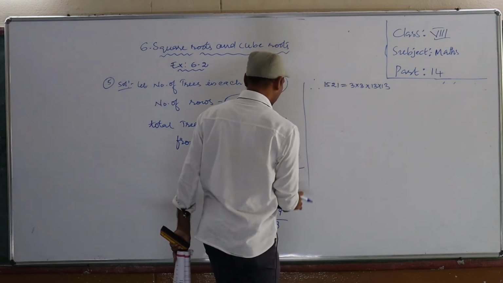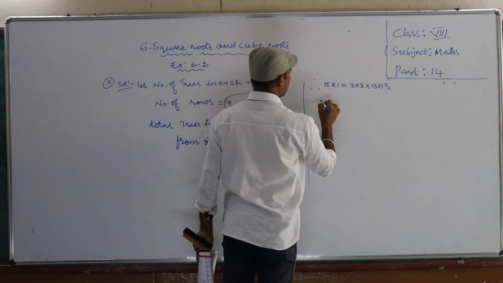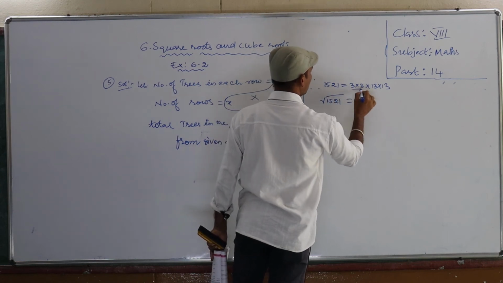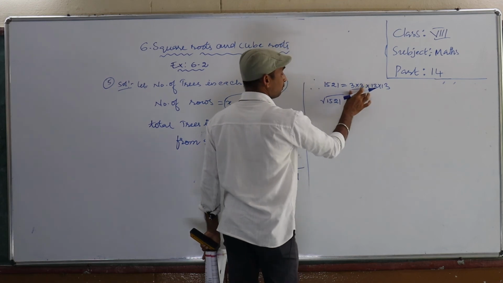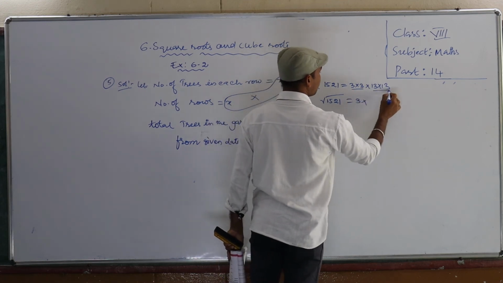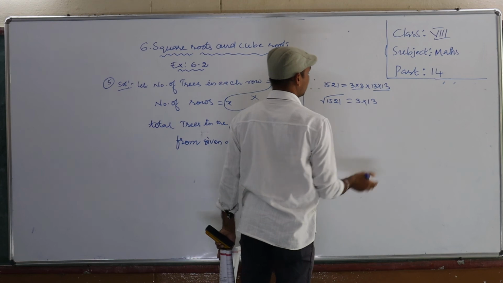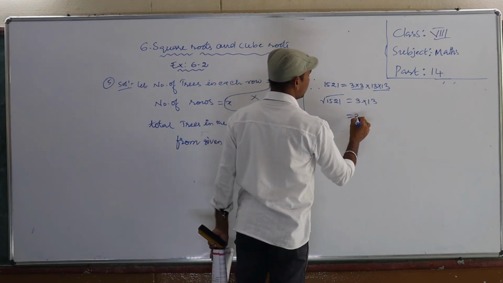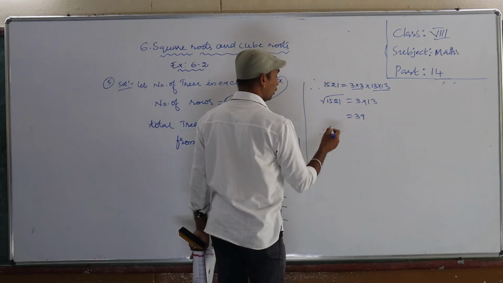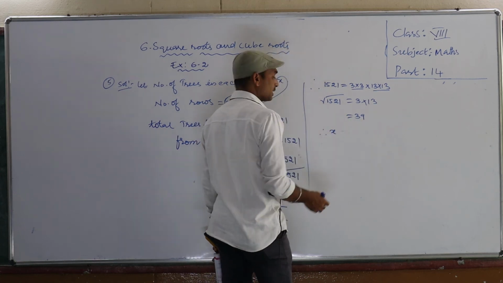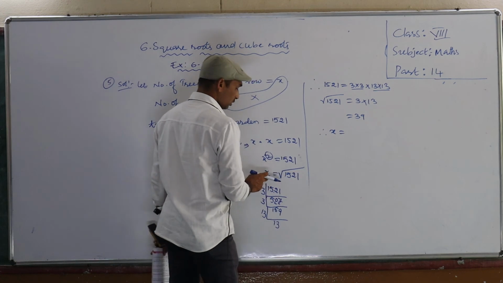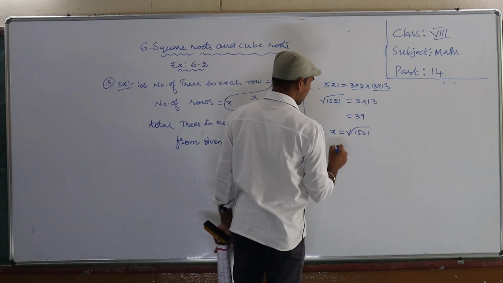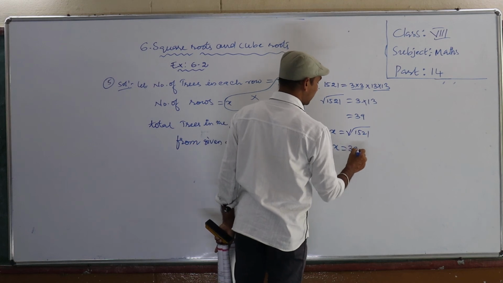So now we find the square root of 1521: one pair gives 3, and the other pair gives 13. So 13 3s are 39, therefore x is equal to 39.